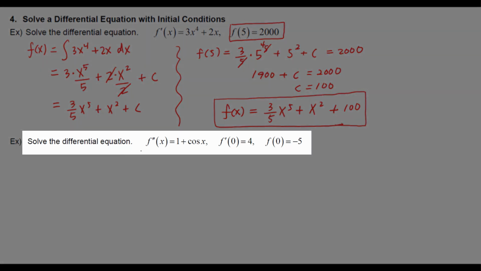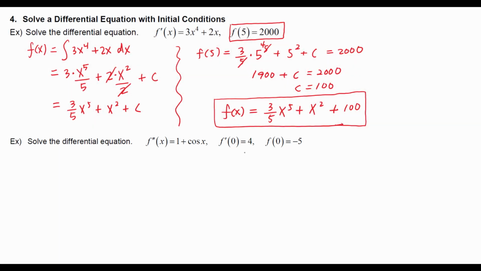Solve the differential equation when f double prime of x equals 1 plus cosine x. f prime of 0 is 4. f of 0 is negative 5. Okay, so I should get f prime of x first. And I can get that by integrating f double prime of x, which is 1 plus cosine x dx. And when you integrate 1 with respect to x, you get x. And the integral of cosine x is sine x. And then I will have a constant of integration c.